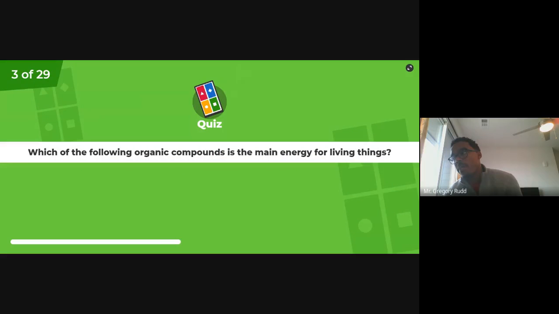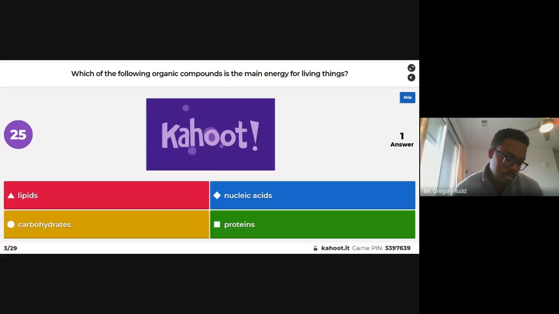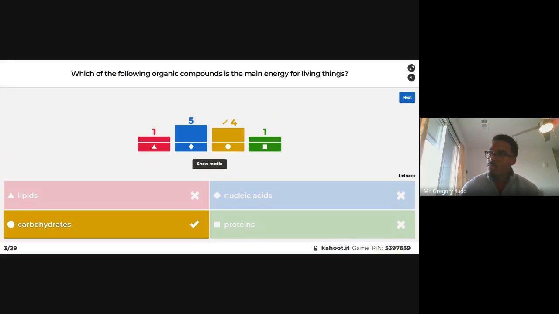Which of the following organic compounds is the main source of energy for living things? All right. So I'm not sure why we had so many people saying nucleic acids.